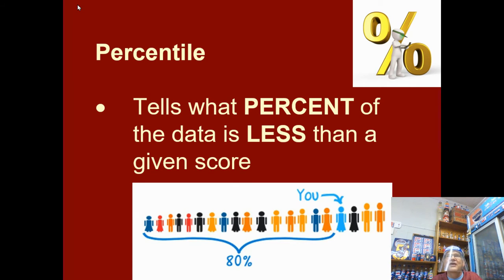Now, there are a lot of people that don't understand that, and I find that out pretty much every year at conferences because there'll be parents who get their kids' Iowa assessment scores, and they'll look at it and it says something like 75, and they'll say, I thought my kid was smart. Well, 75 is actually a pretty good score.